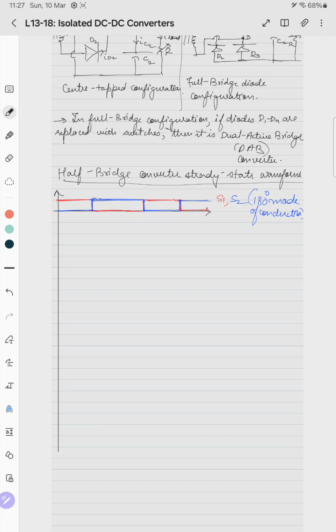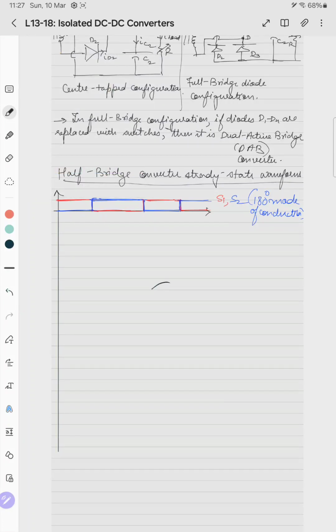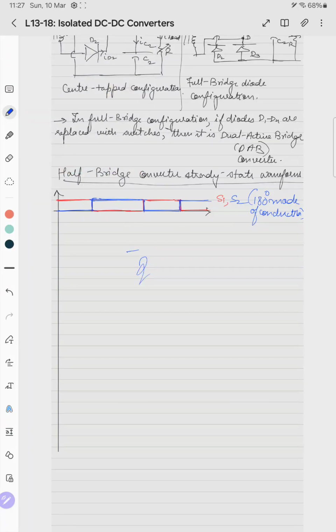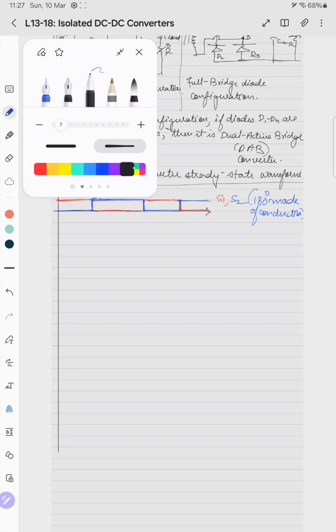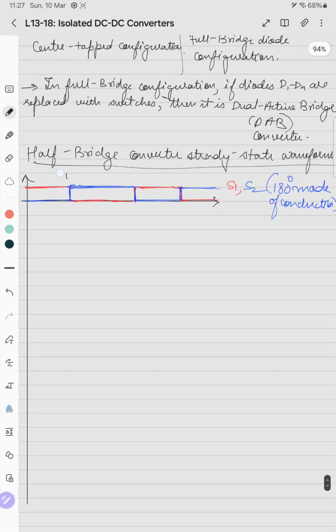So we can say that this time is T switching, and this is D into T switching. This is 1 minus D into T switching.